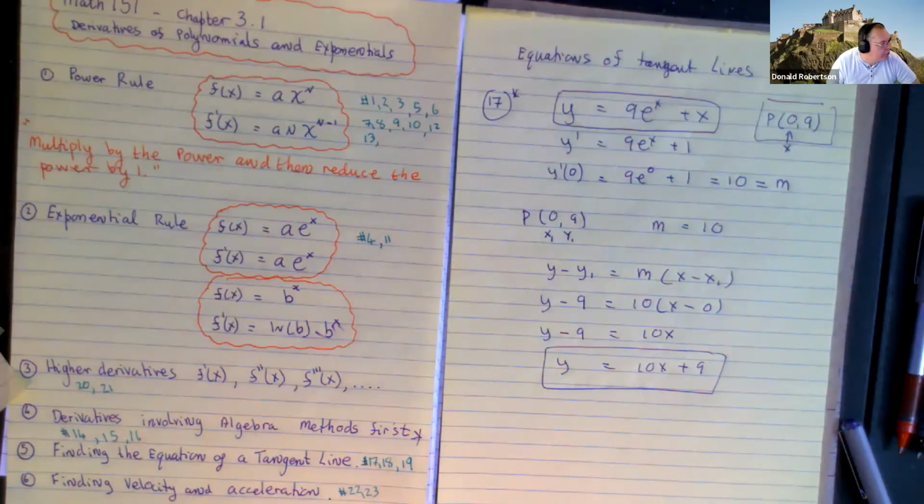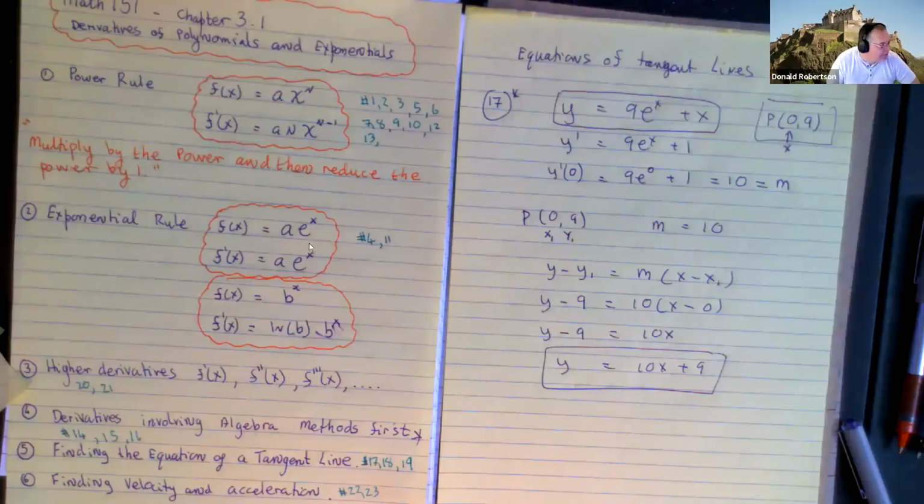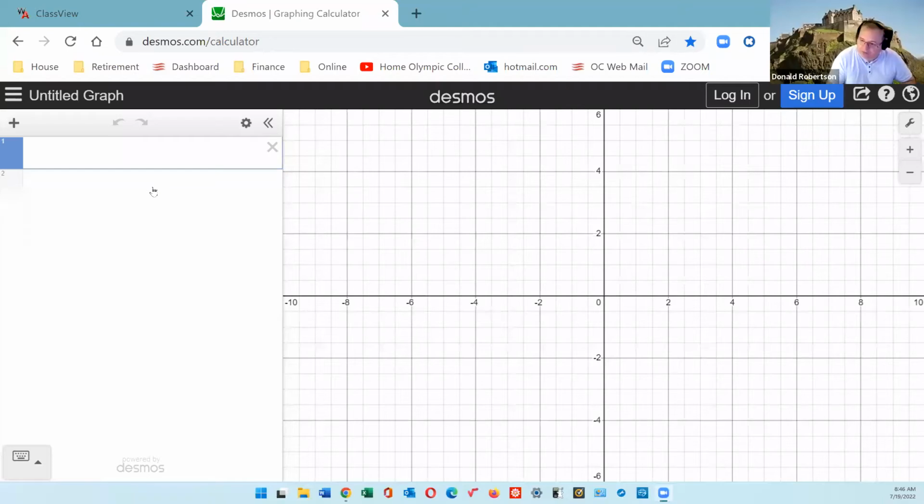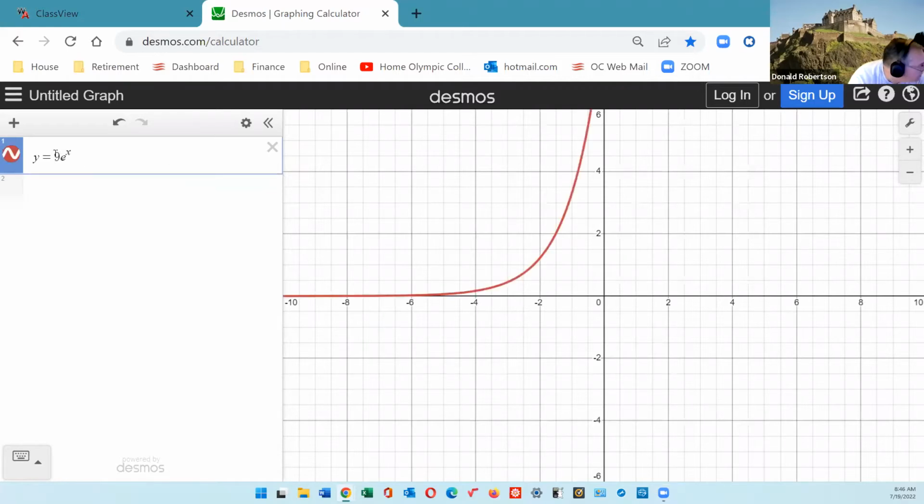And I'm now going to go and check that out using Desmos. Now, if we've done it right, shouldn't it look like a tangent line just touching the curve at the point 0, 9? So let's see how that works out. y equals 9e to the power of x plus an x.